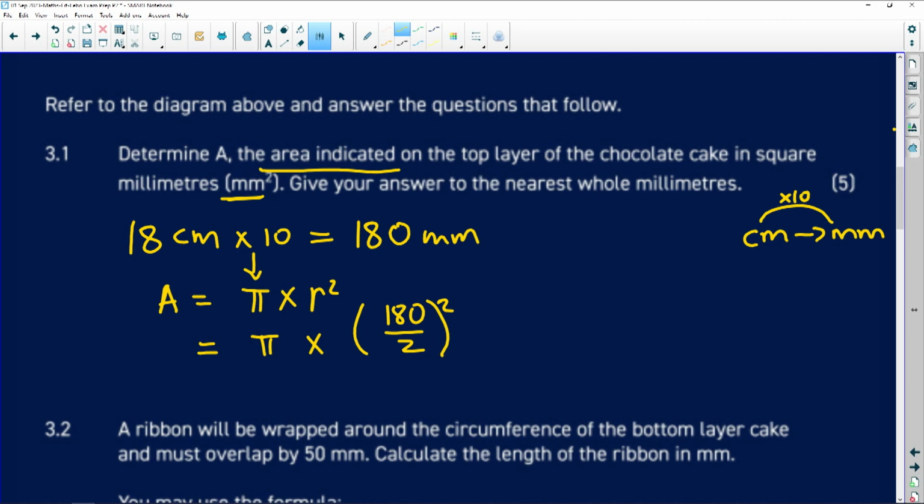Some learners want to say 90 times 2. That is incorrect. That square means that it's 90 times 90. Very big problem that we face. Very big problem. Okay, let's go put it in our calculator. You actually get a mark for that.